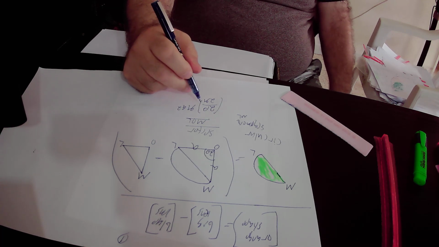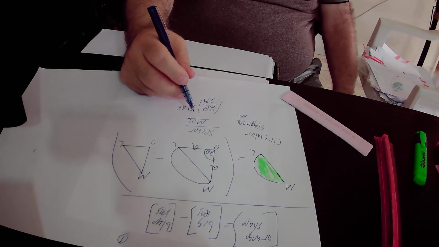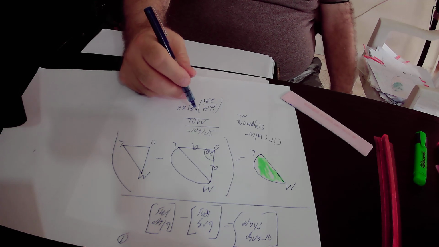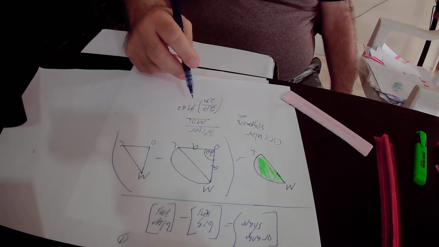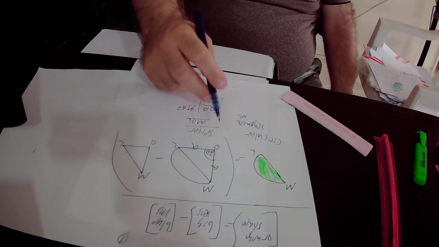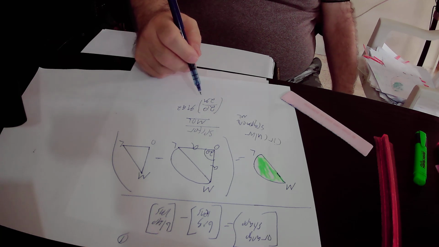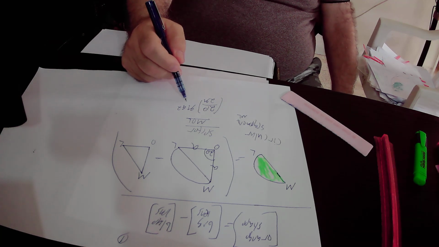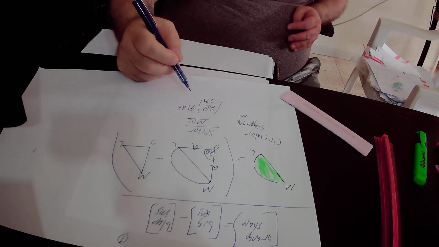So again, the relative percentage of the area that this sector occupies out of the area of the entire circle times the area of the entire circle will give us exactly the area of this sector.